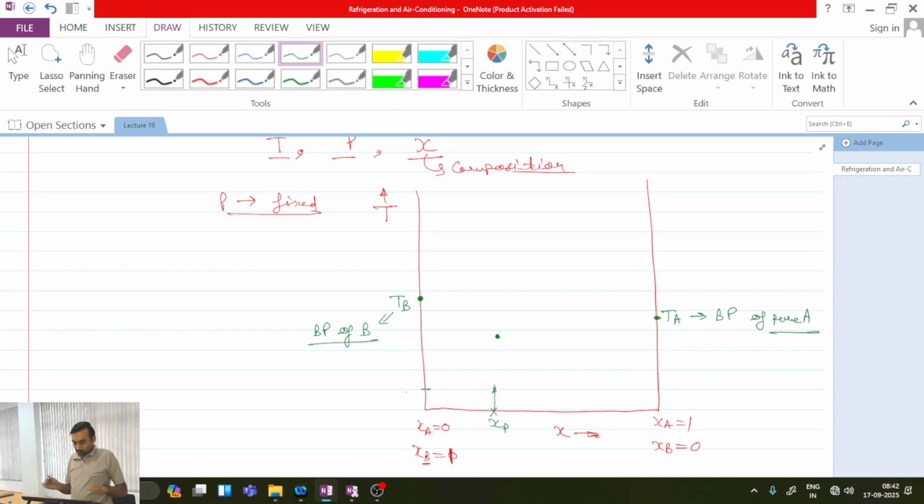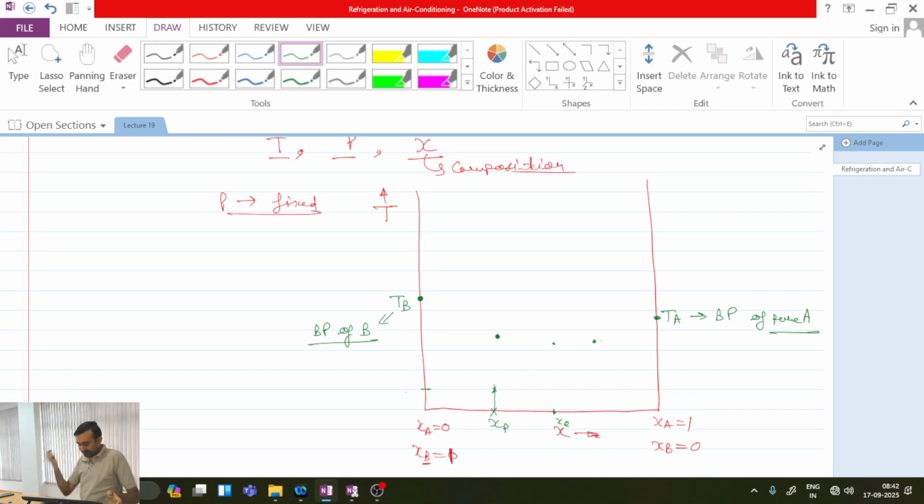Now whatever experiment I have done over here, the same experiment I can do at some other composition xq also, at some other composition xr also, and corresponding to each composition I will get some value of temperature where, in this mixture, the appearance of the first vapor bubble has taken place.